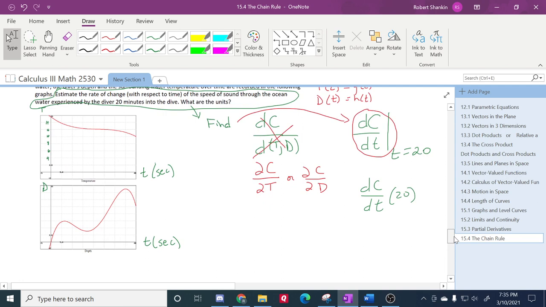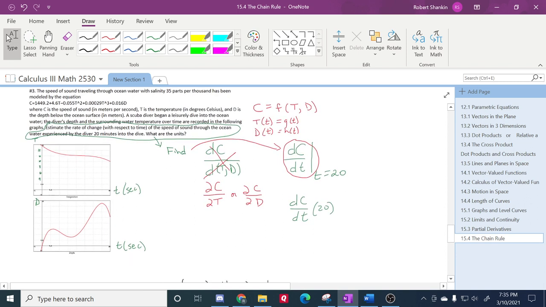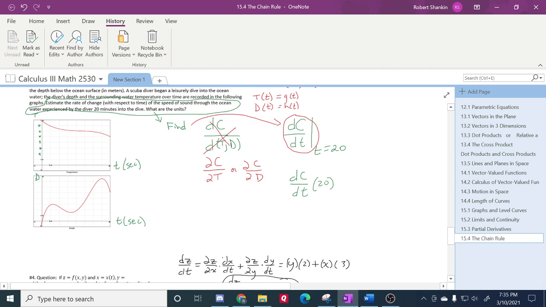Problems like that, but we could also now come back to this, and we could now answer this question.